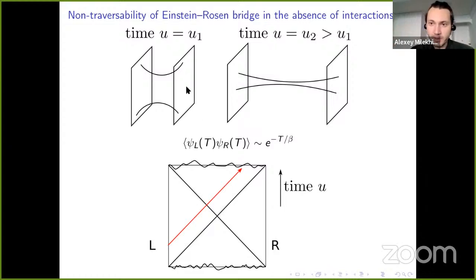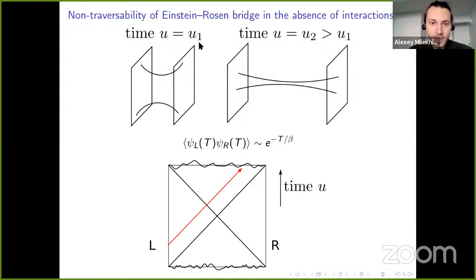So you can have a Schwarzschild black hole, but you can also study its maximal extension. So this is the so-called Kruskal solution. And the Kruskal solution contains two universes which are connected by this Einstein-Rosen bridge. Yeah, this is one universe, this is another universe, and this is a time slice.